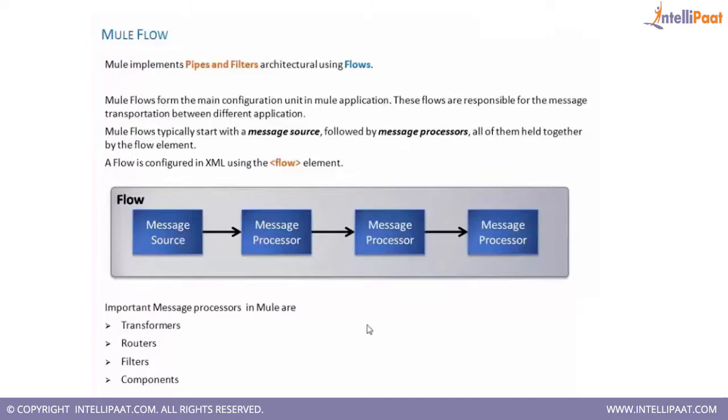Let's say data 1, 2, 3 is flowing, and if the next processor is only interested in data 3, then we need to filter out data 1 and 2. To get that logic written, we use these filters.